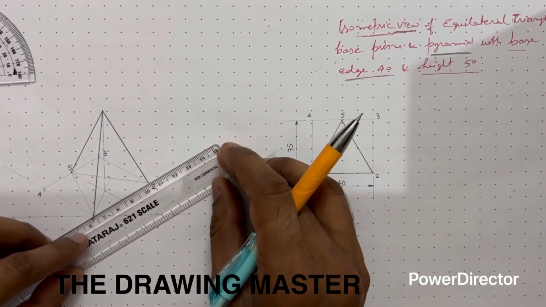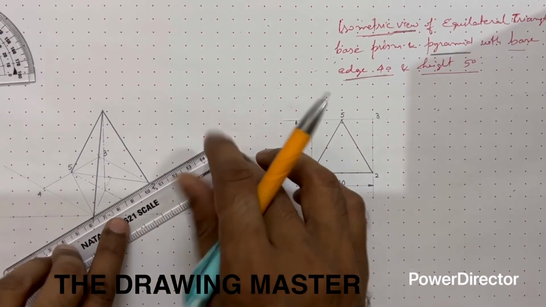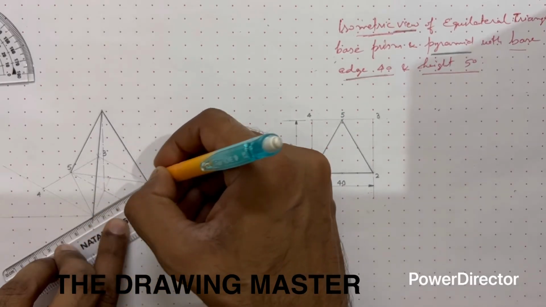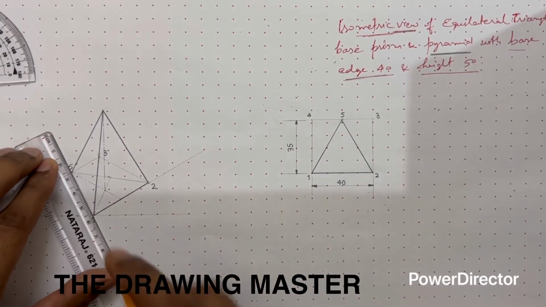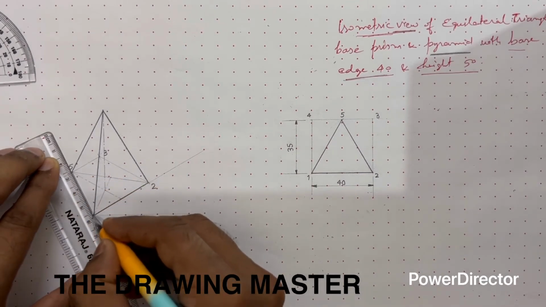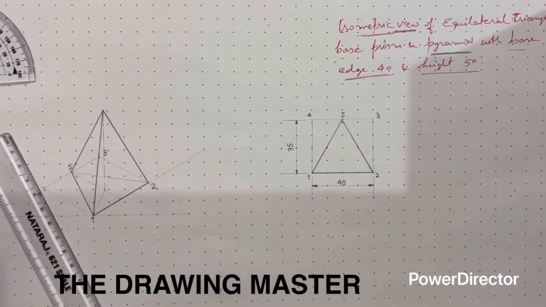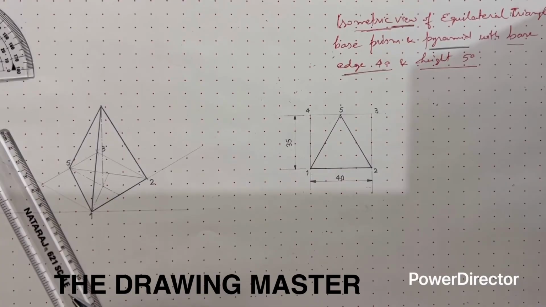We'll convert this outline into a thick line. The visible outline should be a continuous thick line. So this is the isometric view of the equilateral triangle base pyramid.